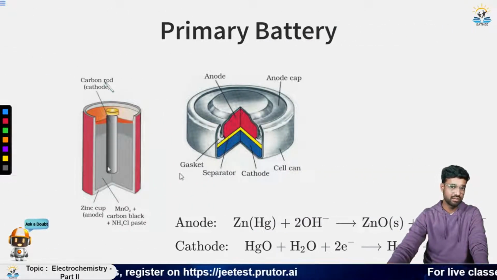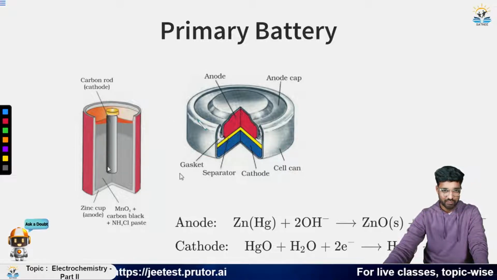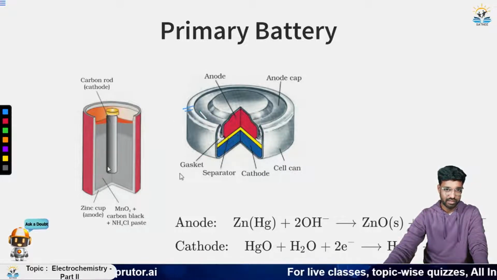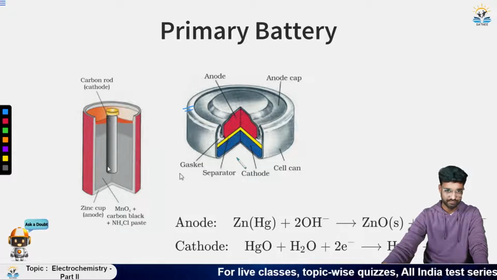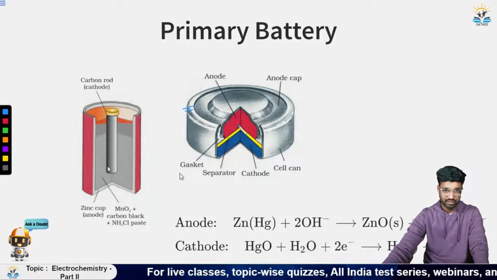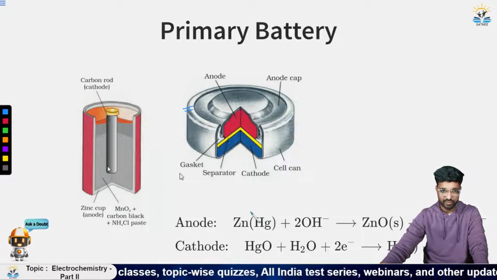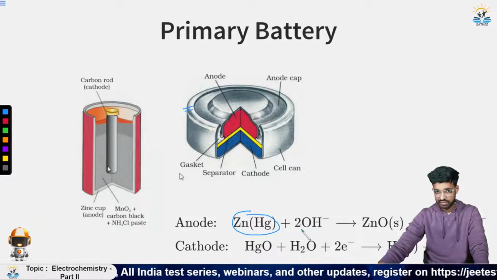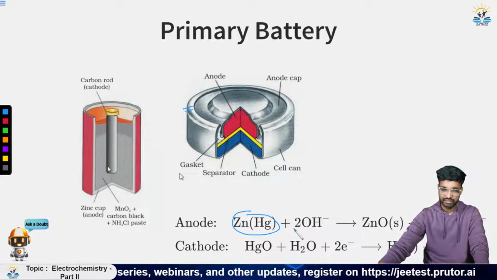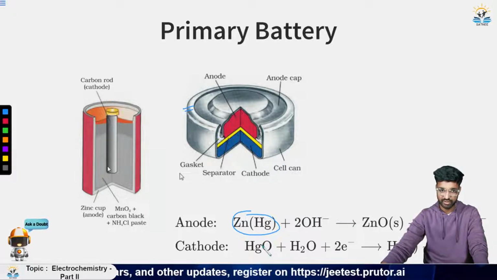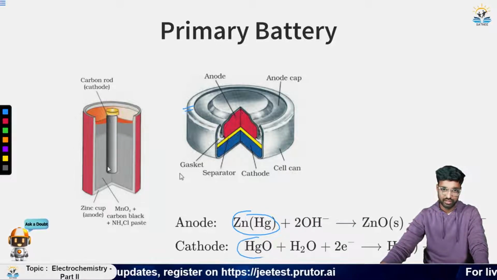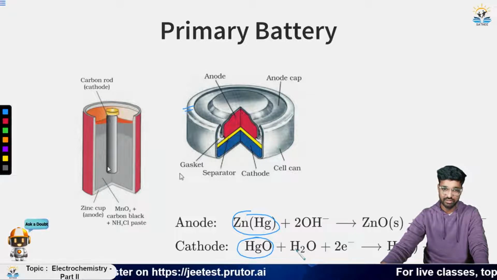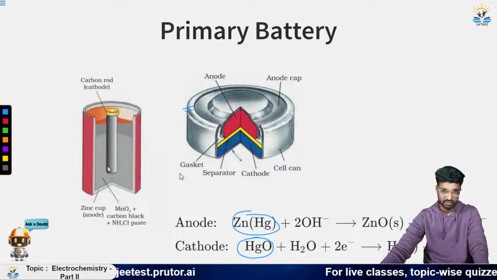Now let us see how this works. I put up here an example of a mercury cell, which is used in watches. The first thing to notice is that at the anode we have mercury amalgam, which is undergoing oxidation. Similarly, we have mercury oxide, which is undergoing reduction.